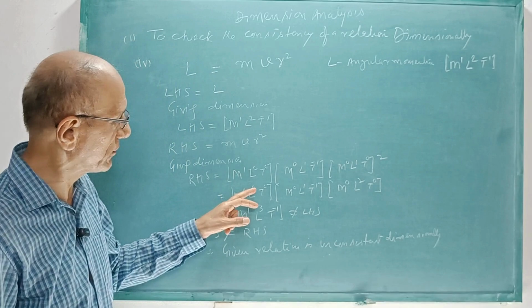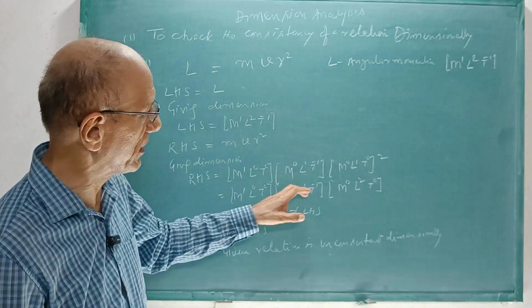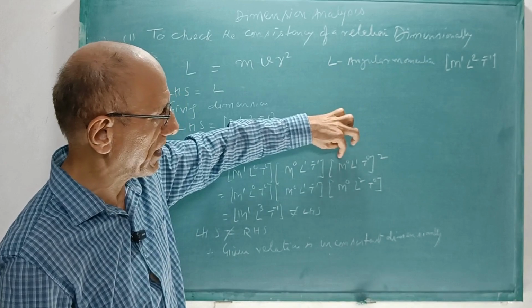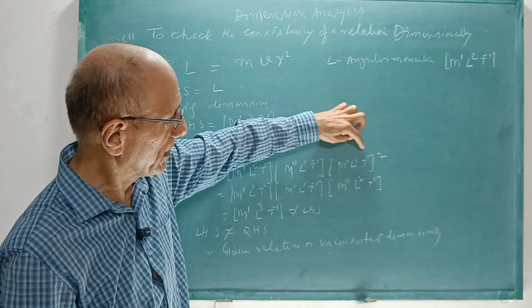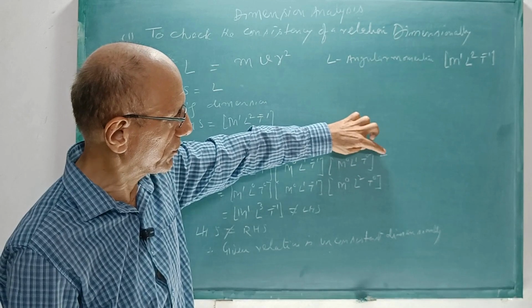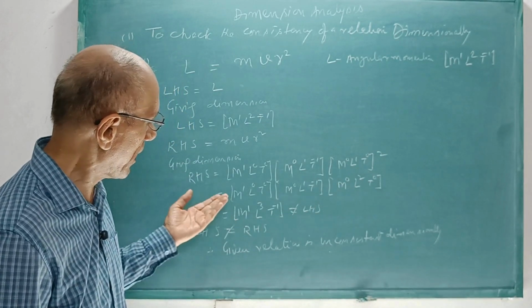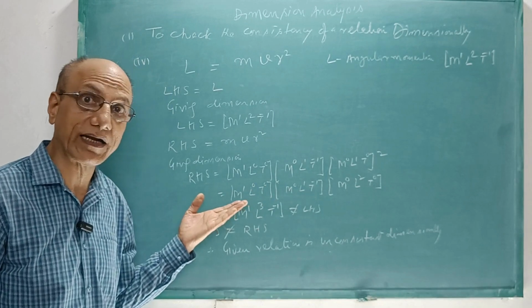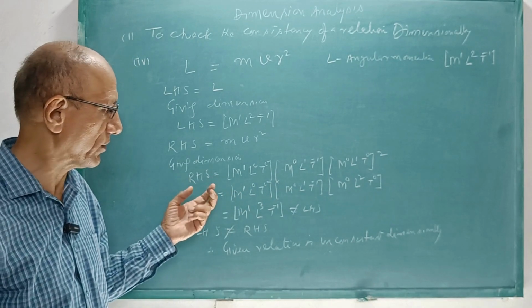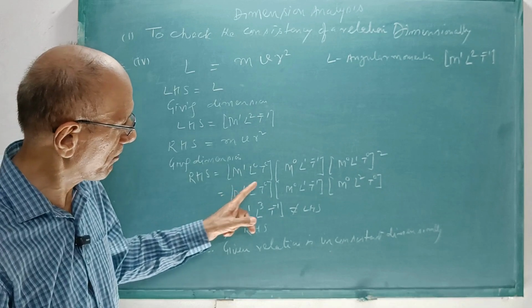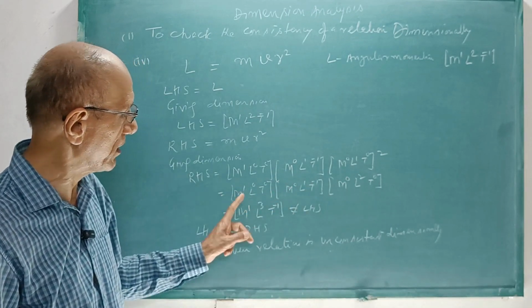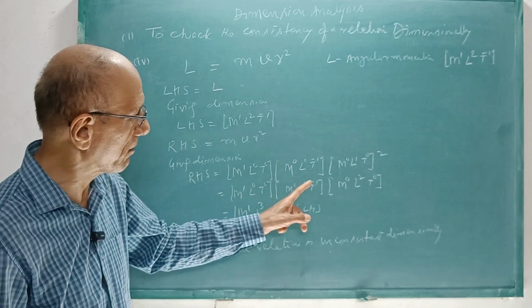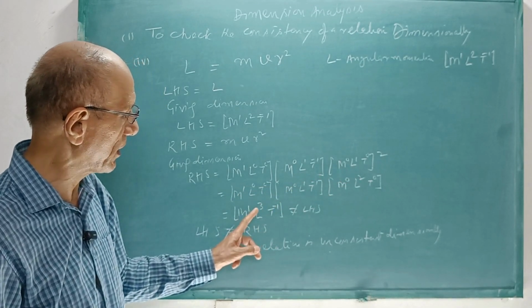So here it is M1 L0 T0. It is same as M0 L1 T minus 1. Here the powers are multiplied. So M0 into 2 is 0. Then 1 into 2 is L to the power 2 and T0 into 2 is 0. Now since they are multiplied, we have to add the powers according to law of indices. So here 1 plus 0 plus 0, that is M power 1. L is 0 plus 1 plus 2, that is 3. So L power 3.